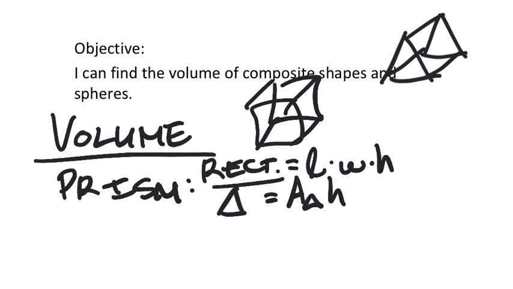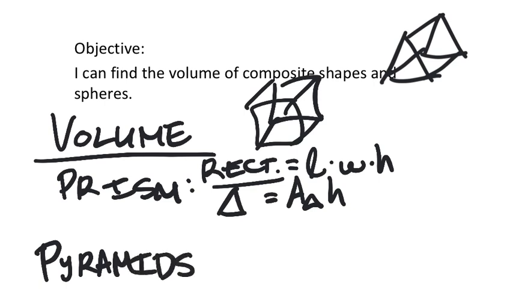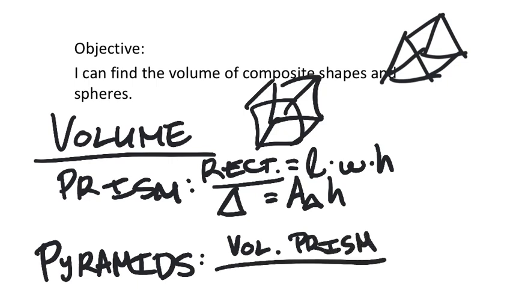But also, not only prisms, but also pyramids as well, which is why we saw those on the bell work there. So for pyramids, you're going to find the volume of the corresponding prism, because of course pyramids could be different, and you're just going to divide it by 3. So prisms and pyramids have the same relationship as cylinders and cones.